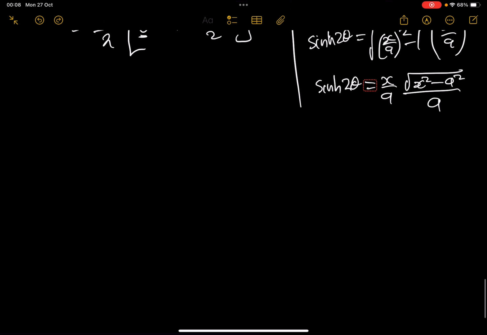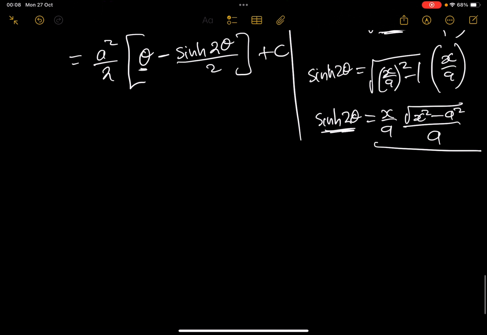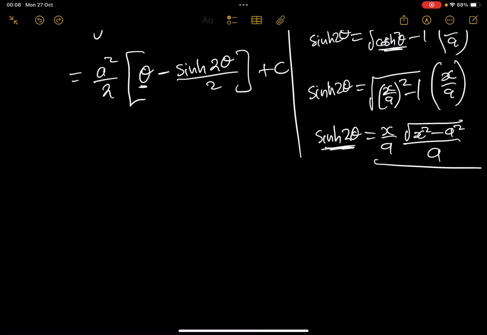So from where there is sine 2 theta, we can substitute this expression, because now it is in terms of x and a, which are the initial variables that we're given. So from here this is equal to a squared over 2.